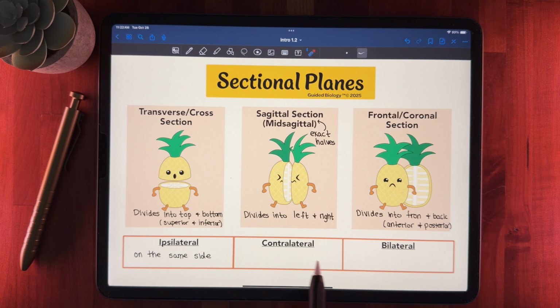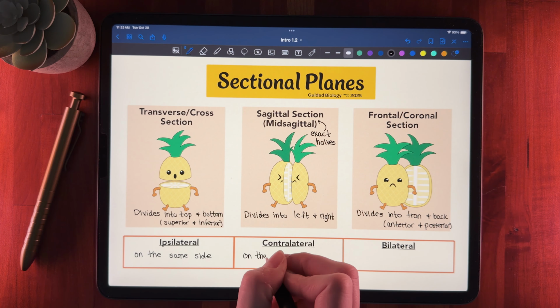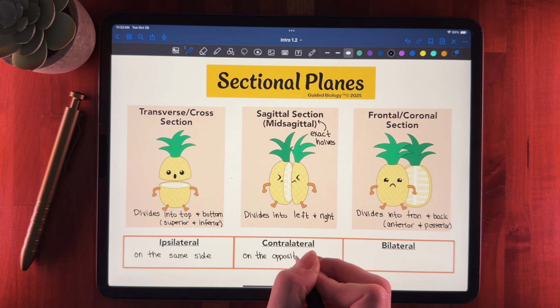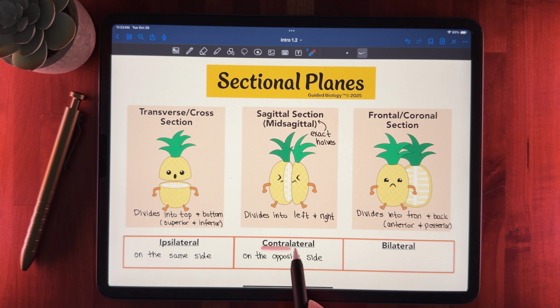Our next term is contralateral. Contralateral refers to things that are on opposite sides of the body. One example we will get into when we talk about the nervous system and the brain is motor control.